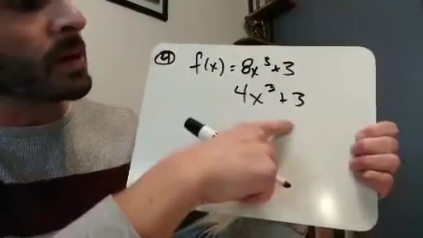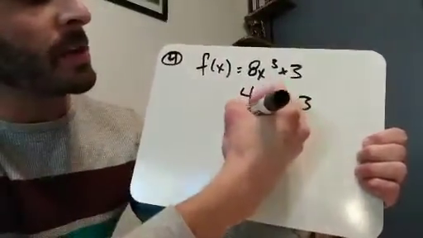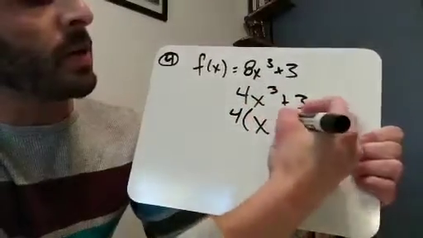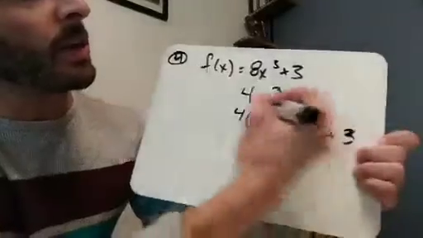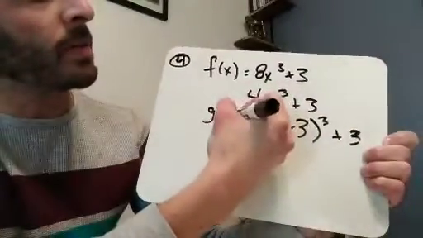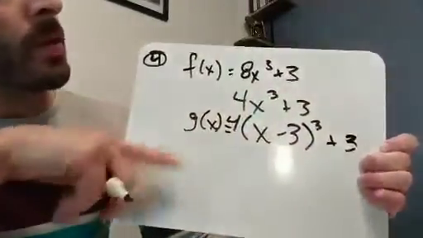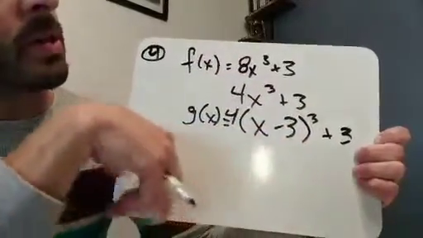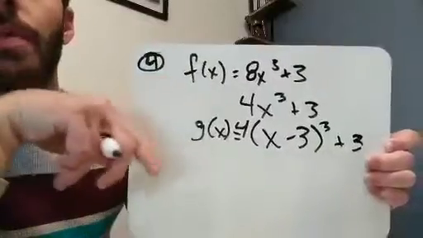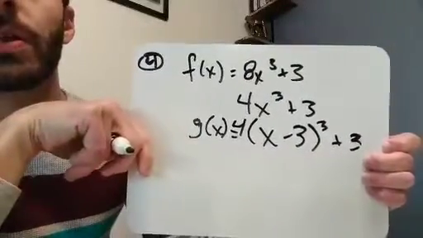Well, if I'm going to go to the right, that's towards the positive numbers. And anything horizontal, you always do the opposite. So instead of writing down a positive 3, I'm going to write down a negative 3. And they tell us that we're supposed to call it g of x. So this is a horizontal shrink of 2 and a translation 3 units to the right from f of x equals 8x cubed plus 3.